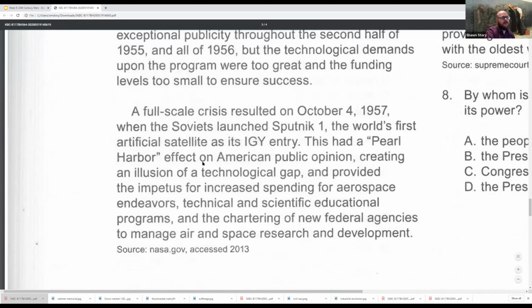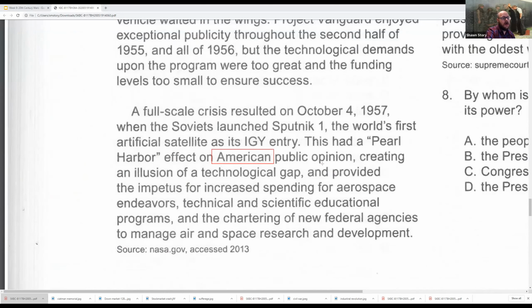This had a Pearl Harbor effect on the American public opinion. So here they're talking about public opinion, creating an illusion of the technology gap, providing the impetus for increased spending for aerospace endeavors, technology, and scientific education. So here, the American people were like, wow, this was almost as significant as Pearl Harbor.